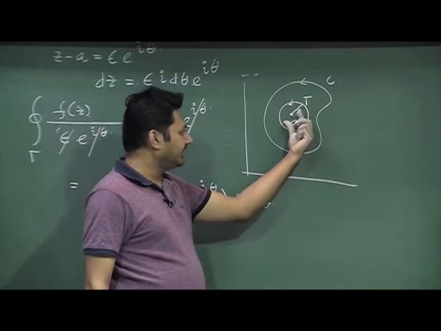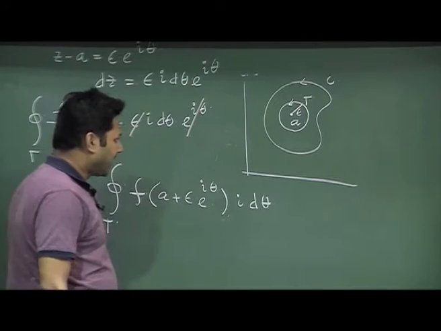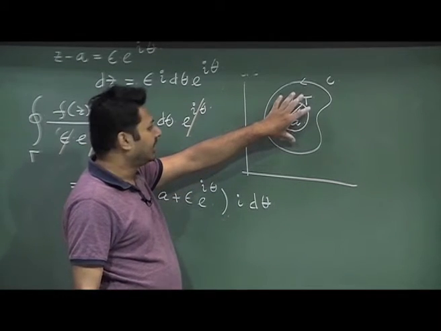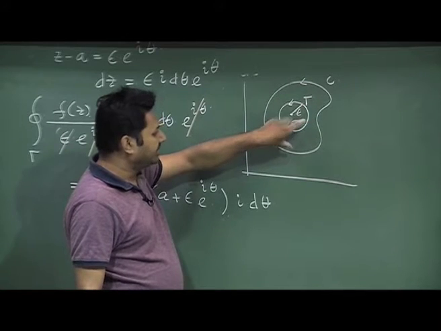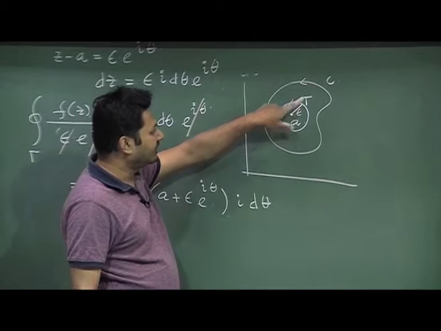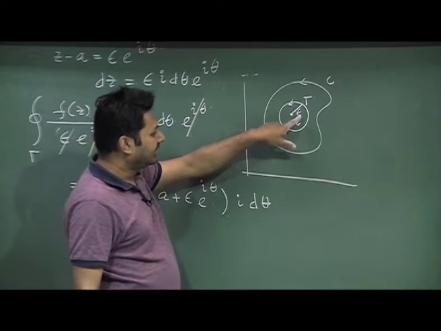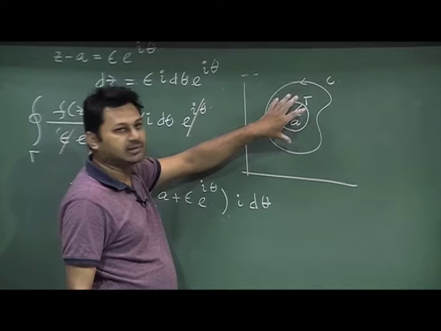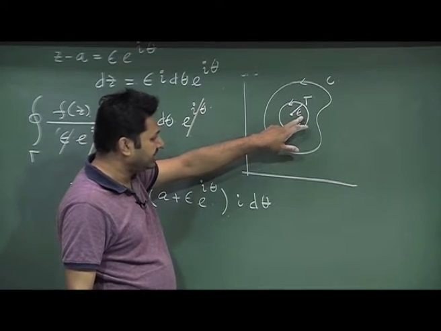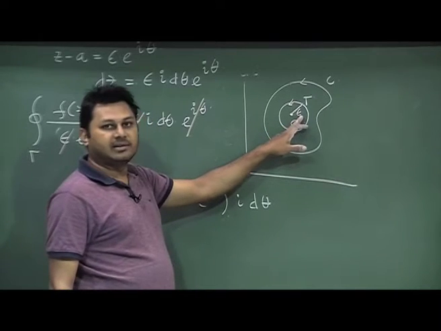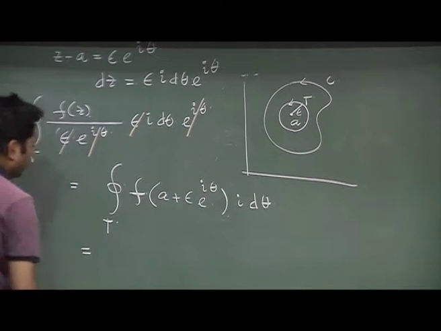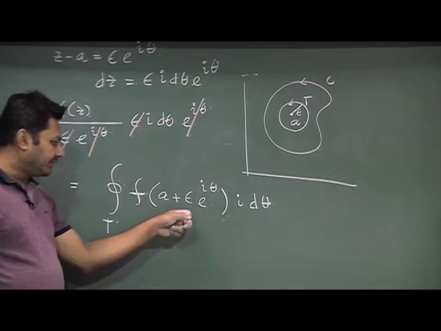That means I can shrink epsilon according to my liking, and every time I will get the same result, because the calculation never mentioned that it depends on the radius epsilon. So if I shrink epsilon, and epsilon tends to 0, the result is still valid, because I need to evaluate this and epsilon is sitting here.